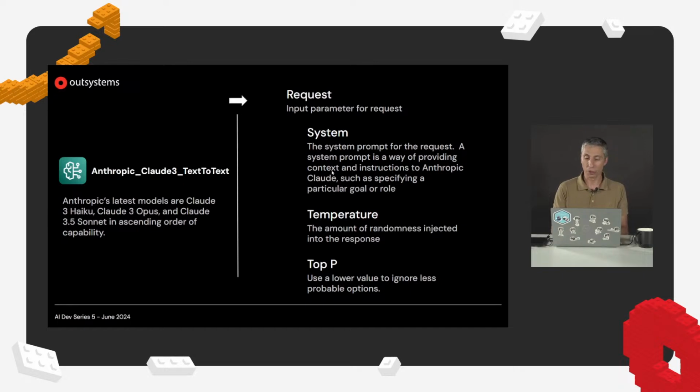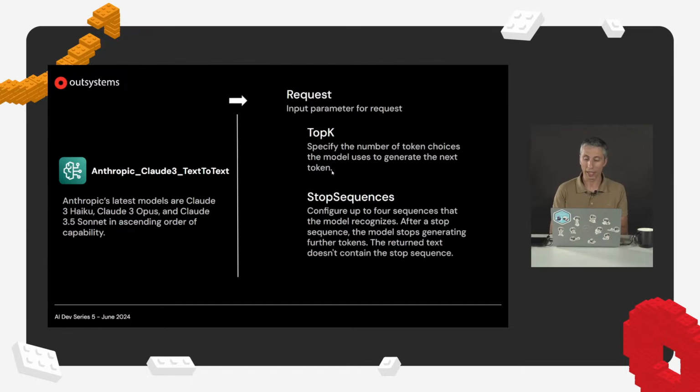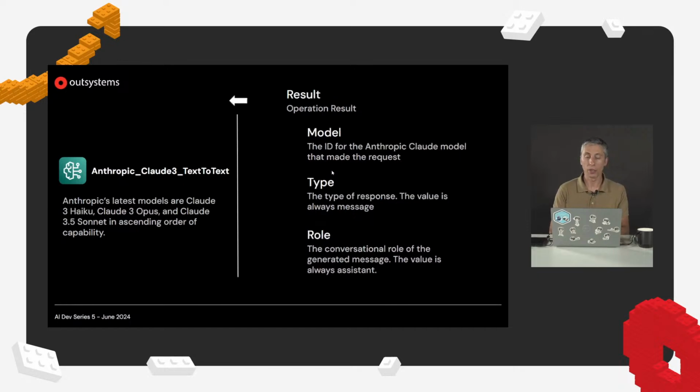We can send the temperature, which is the amount of randomness that we can accept in the response. And then we have some regular input parameters in this kind of models, like the top P, the top K, and also the stop sequence, which is information that will be sent to the model so the model can stop generating more tokens in the answers. Now, this is the request. Now on the result, we will get the model with the information of the model ID.